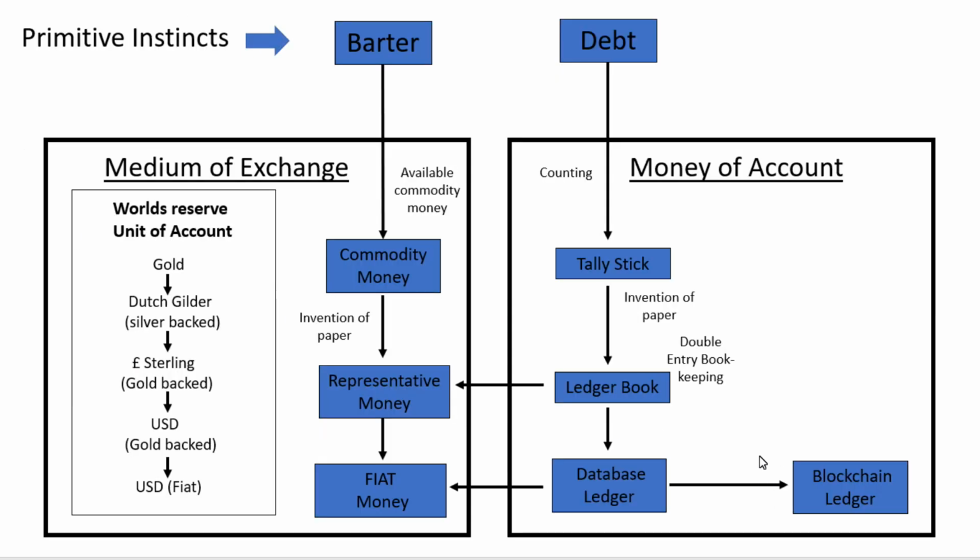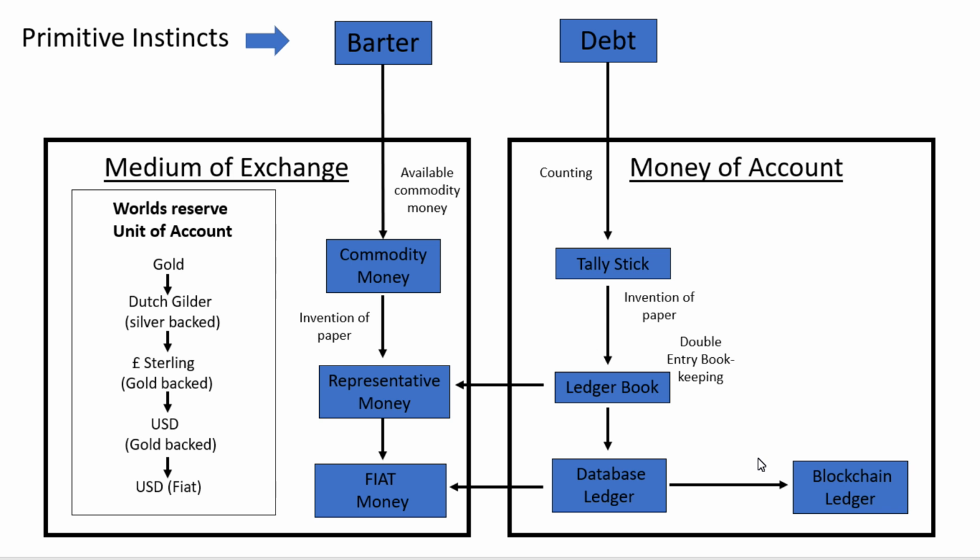So Bitcoin is a tremendous invention, which is clearly the next improvement over database ledgers, because you don't need to trust individual banks, because it's a peer-to-peer system maintained by a decentralized network.